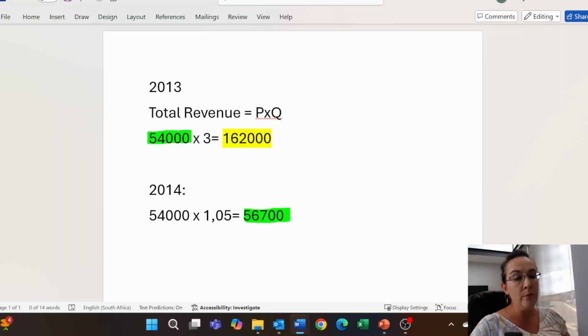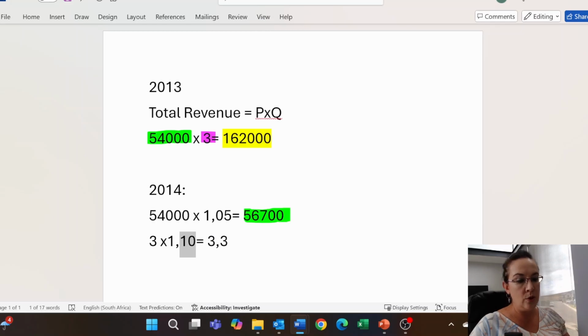Now we need another step. But remember, our formula states price times quantity to work out total revenue. So for 2014, we don't have that yet. What we will need to do next is look at the next piece of information they give us. They say that the selling price has increased by 10% in 2014. The price was $3. It has increased by 10%.